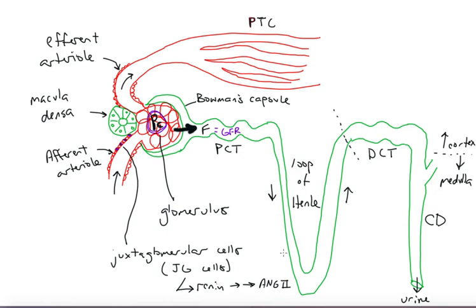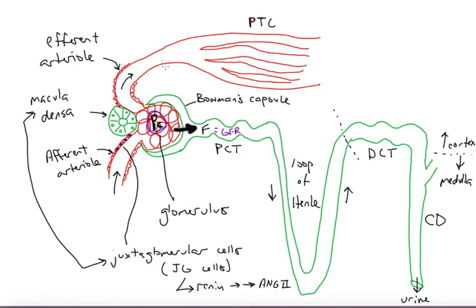The last thing we want to point out, in terms of anatomical designations here, is that the macula densa and the JG cells work together, because the macula densa signals can be direct to adjust the contractility of the afferent arteriole, but they can also be indirect and act through the JG cells to stimulate renin and angiotensin 2.